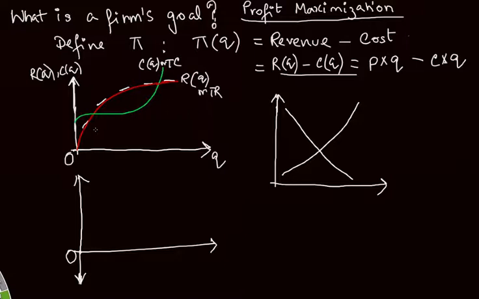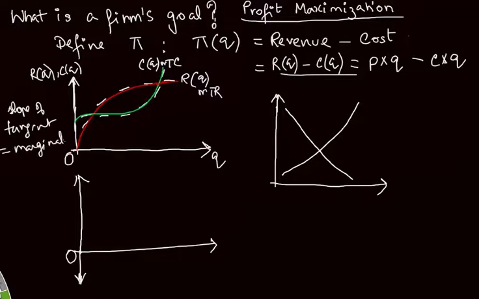For cost, the curve first becomes flat, then it becomes steeper. Again, by drawing the tangent, the slope of the tangent to either curve is a measure of the marginal quantity.